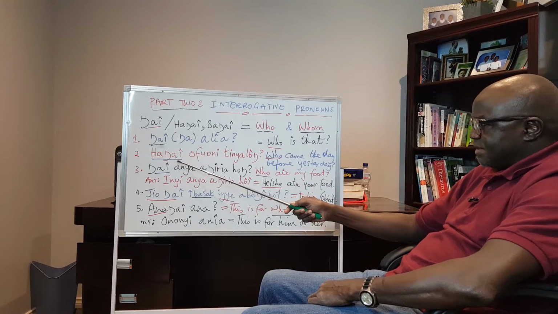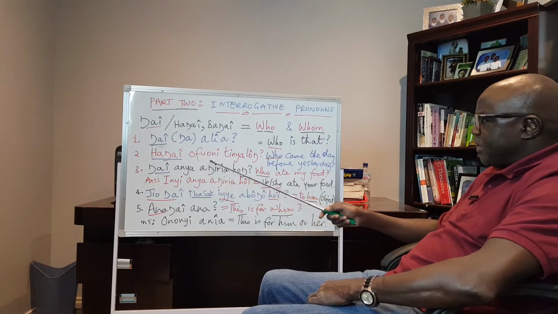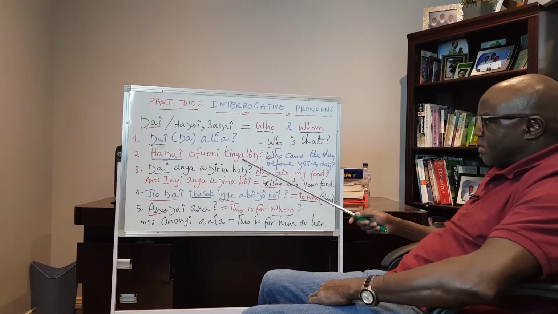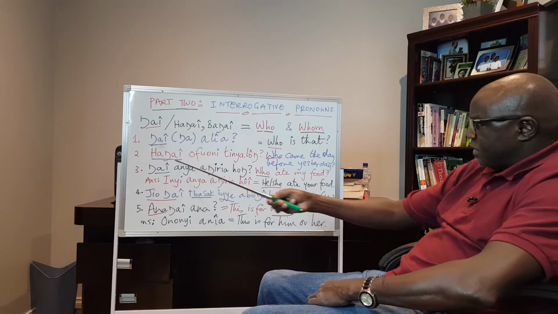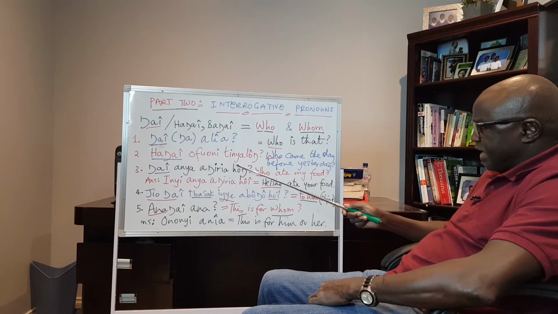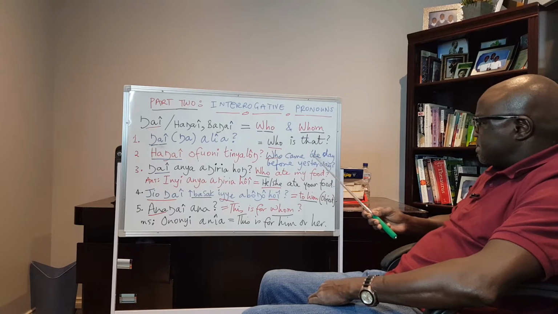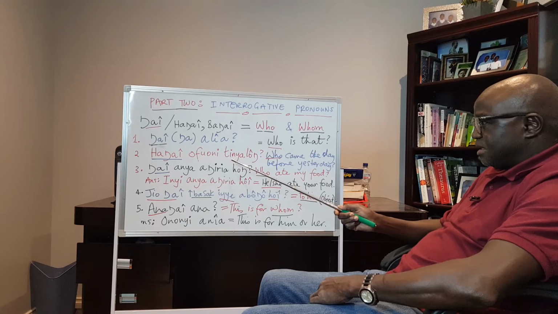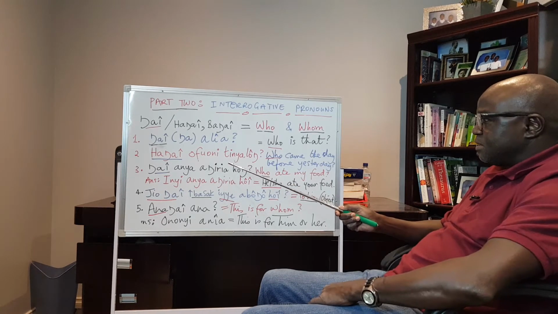In the second example, I'm using this word now. Haŋaî ofuoni tinyalôŋ. The translation for this one is, who came the day before yesterday? Tinyalôŋ here means the day before yesterday, so it is a past event.